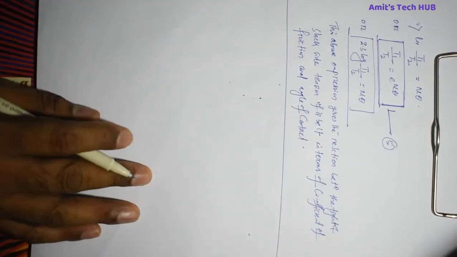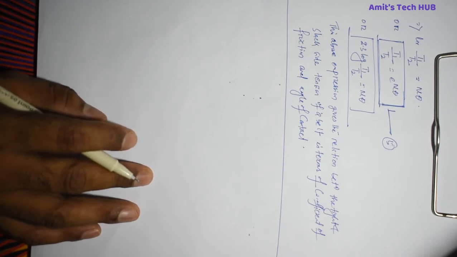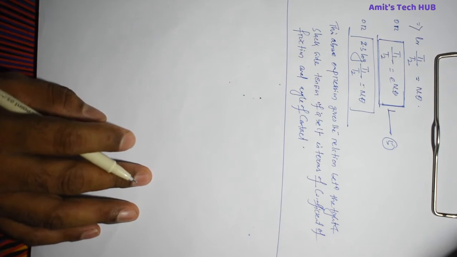So remember that T1 by T2 is equal to e to the power mu theta. That is, the ratio of the driving tensions can be given by T1 by T2 is equal to e to the power mu theta.